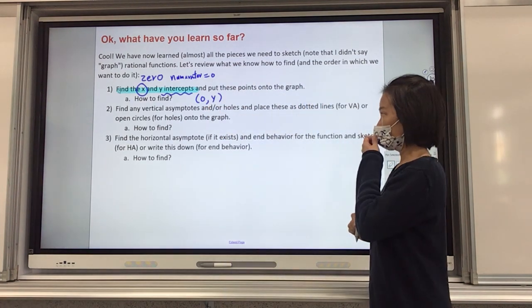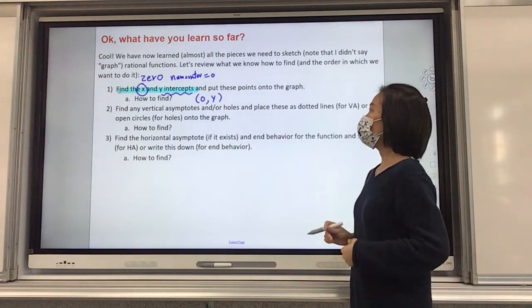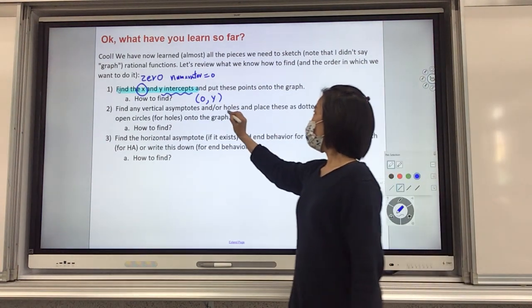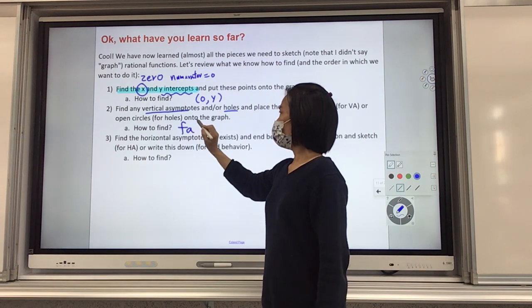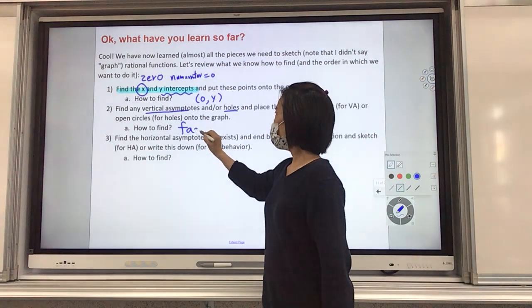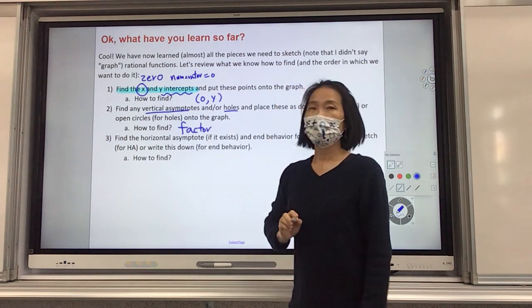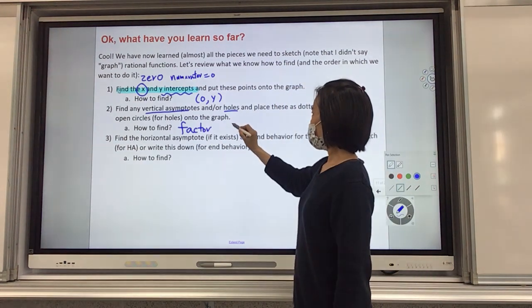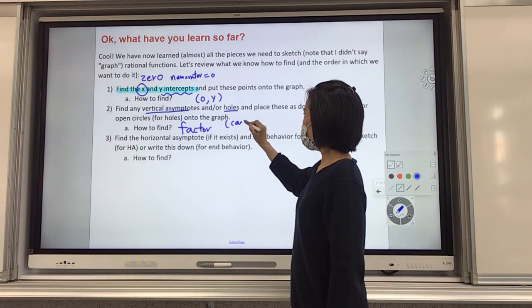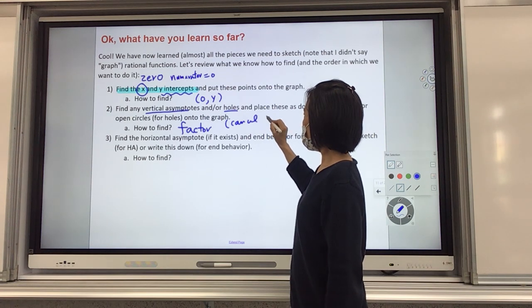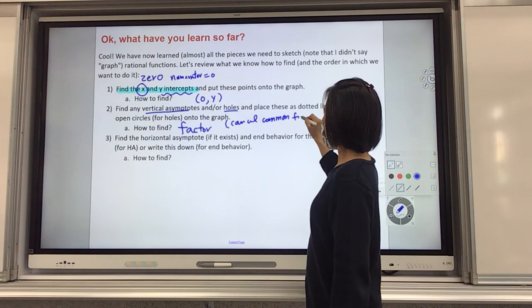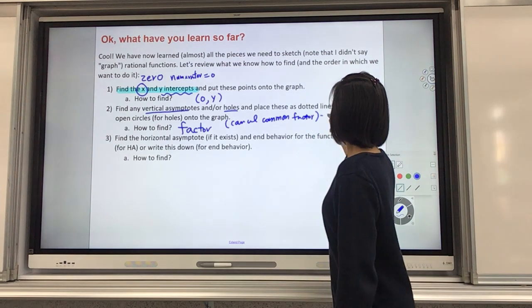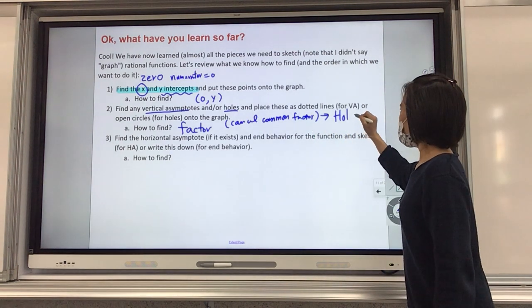That's easy. Find any vertical asymptote or hole. This one, how do we do that? We need to factor the top and the bottom. After you factor, the common factor that you can cancel will be your location of the hole.